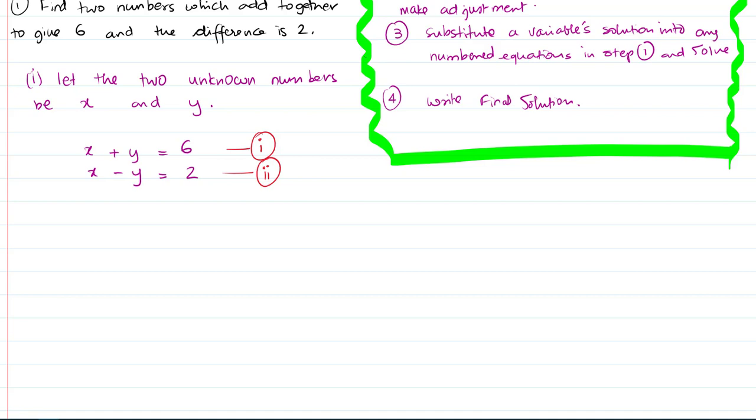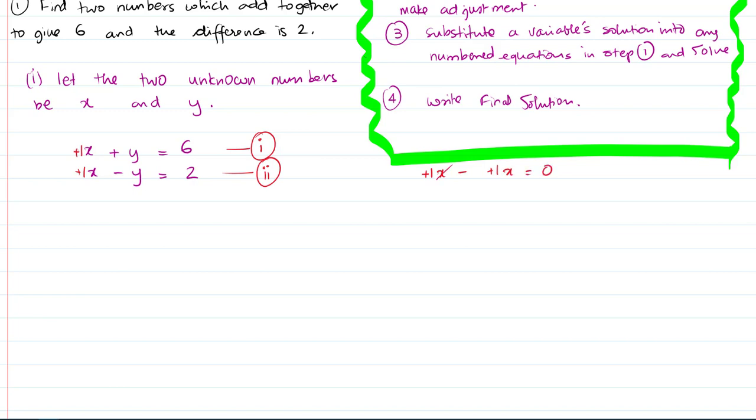How does that make sense? Well, look at the coefficient of x in equation 1. We have a positive 1 here. The coefficient of x in equation 2 is also plus 1, right? What can you do to make it 0? Plus 1x, take away plus 1x gives you 0.